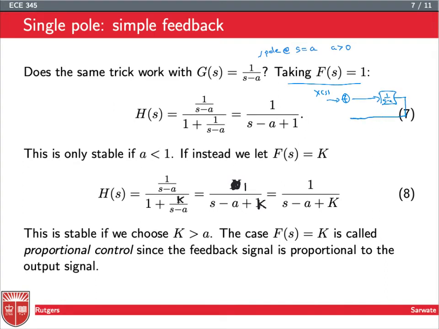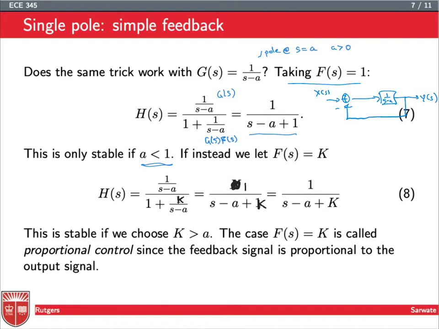Then we wrap this back around, and here's Y(s). So this is our system. Applying the formula, we have G(s) over 1 plus G(s) times F(s), and F(s) is just equal to 1. Multiply top and bottom by s minus a, and we get 1 over s minus a plus 1. So this will be stable as long as a is less than 1.